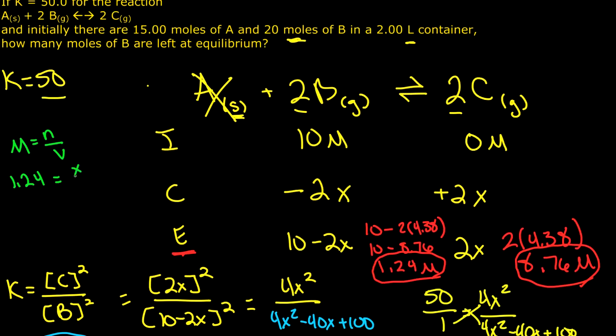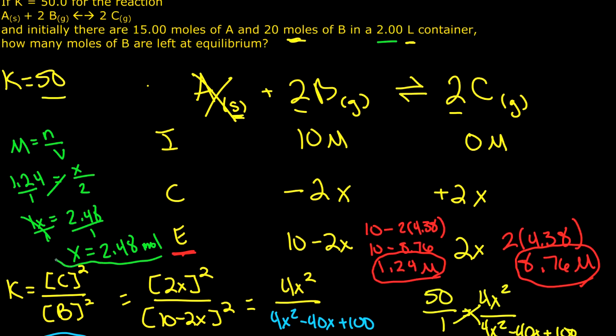I'm looking for moles, and volume is 2 liters. Put that over 1. 1 times x is 1x. 1.24 times 2 is 2.48, divided by 1. X equals 2.48 moles. There is our actual final answer. So the moles left at equilibrium for B is 2.48.